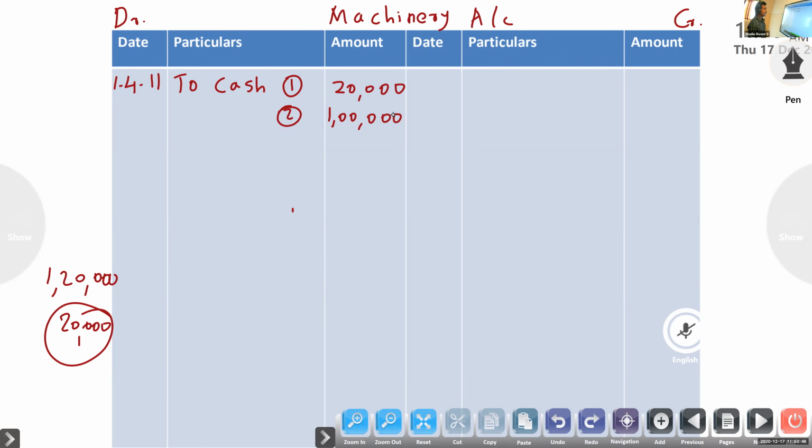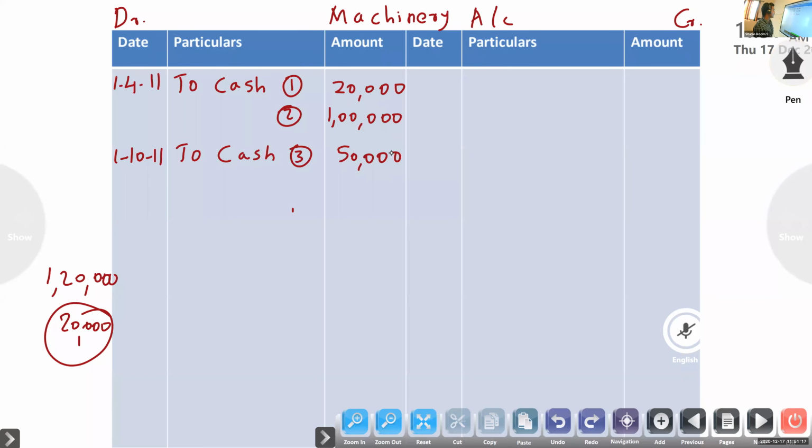So 20,000, 1 lakh. Then on 1st October, we purchased another machinery, the third one. On the same year we purchased 50,000.